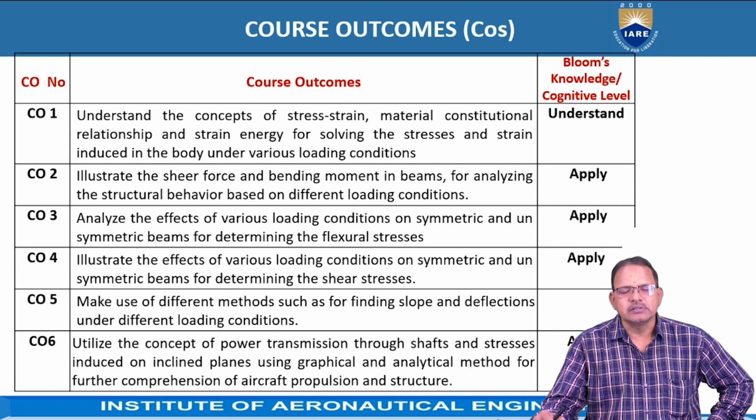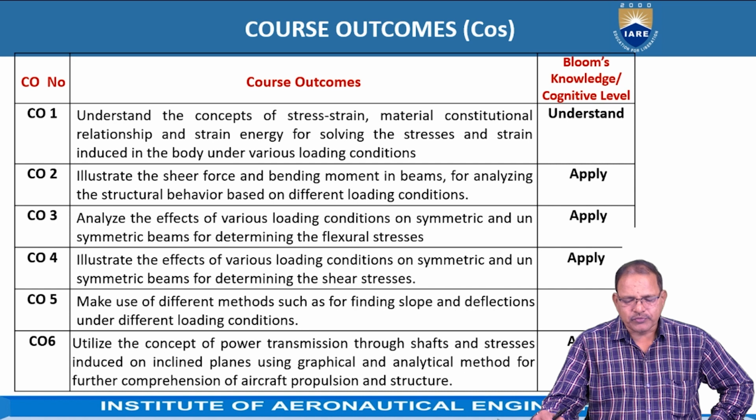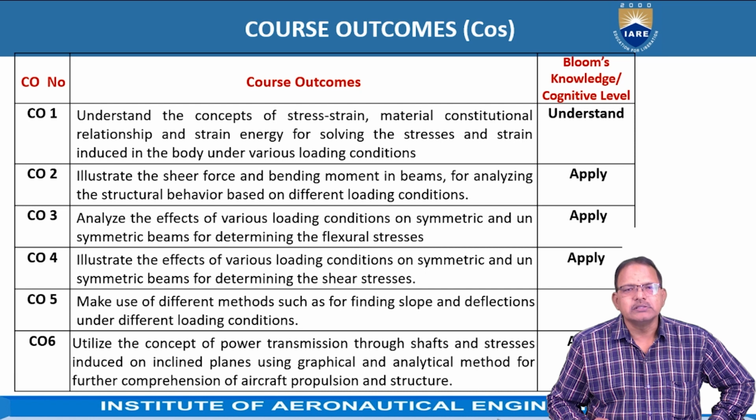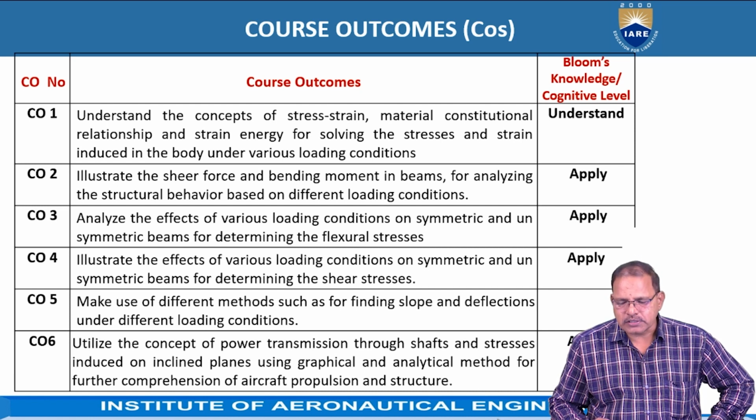Course outcome 6: utilize the concept of power transmission through shafts and stresses induced on inclined planes using graphical and analytical methods for further comprehension of aircraft propulsion and structures. These are the six COs identified for this subject.